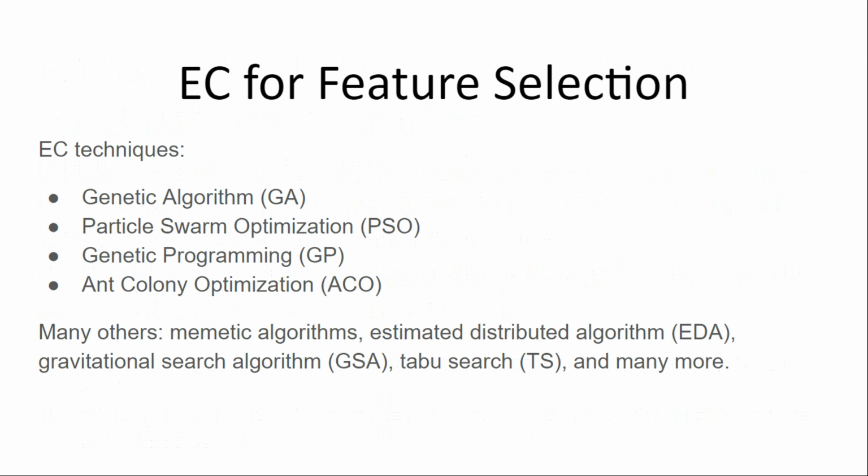The paper surveyed various EC techniques like genetic algorithms, genetic programming, particle swarm optimization, and ant colony optimization. They briefly mentioned some others, but mainly focused on these four.